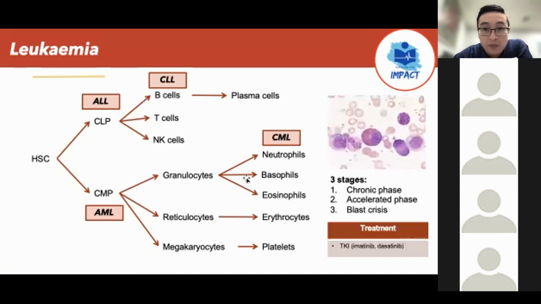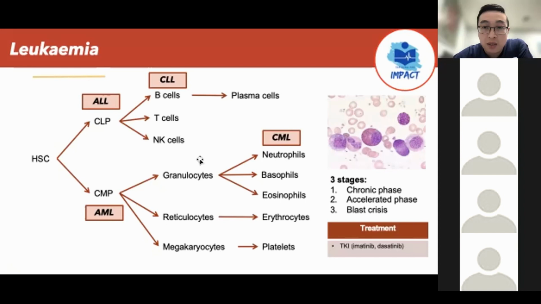Okay, so the last one is, again, following the principle, so the later on the cancer arises, the more chronic the presentation, but the less responsive it is to chemotherapy. So if you have neutrophils becoming cancerous and giving rise to a cancer, then we call it chronic myeloid leukemia or chronic myelogenous leukemia.